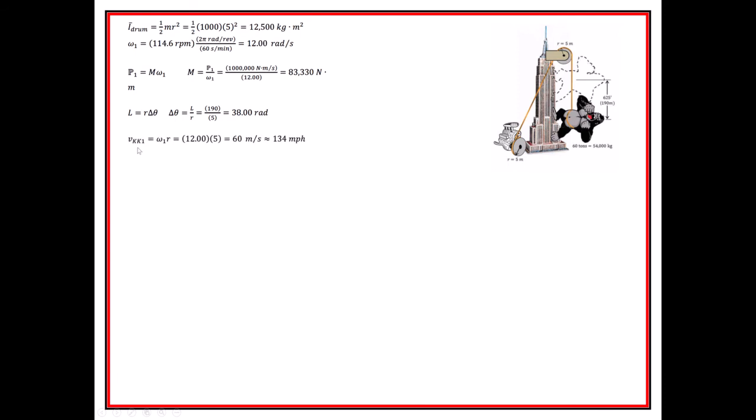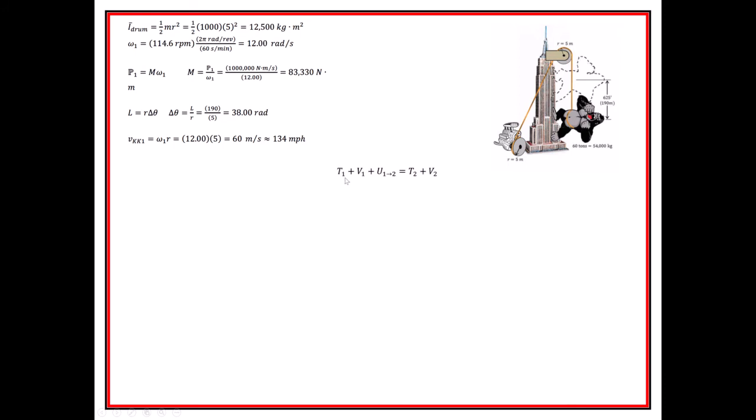And we could say the velocity of King Kong in the first position with that RPM. You notice that I made it 114.6, and it turned out to be 12 radians per second. So I obviously went backwards and started out with 12 radians per second and got to that speed of RPM. We know that he's going 60 meters per second, which is stupid fast, 134 miles per hour. This is a very silly, silly problem.